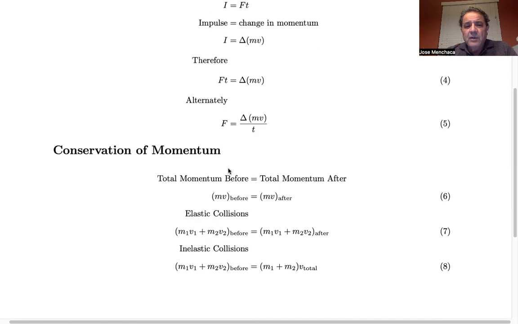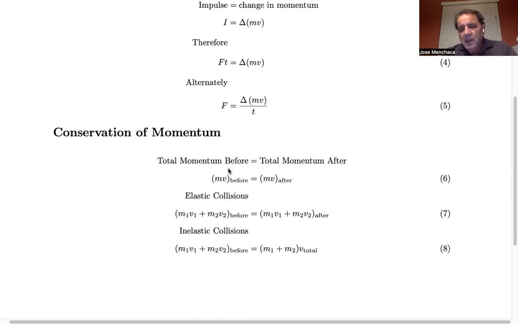Now, these are some conservation of momentum rules that we're going to study. The total momentum before equals the total momentum after. So mv before equals mv after. That mv may be a combination of things, like a cannon and a cannonball. Before it's fired, you have the mass times the velocity of the cannon plus the mass times the velocity of the cannonball.